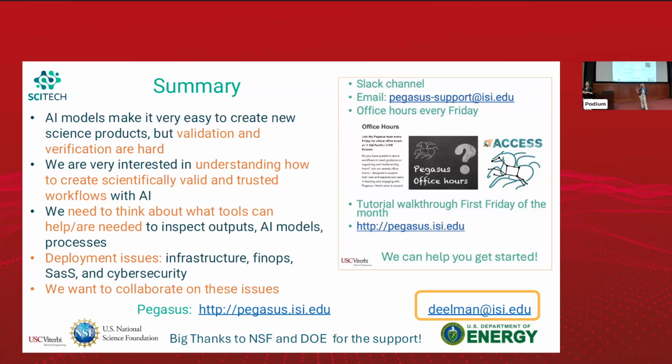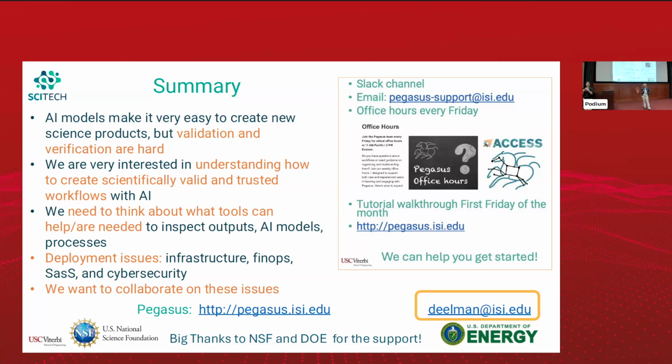But we are very interested in understanding, in general, what kind of tools scientists need to validate the outcomes, looking at the workflows themselves, but also ultimately looking at the codes. And we need to think about how they inspect the various outputs and the models that they use, because they're using many more AI models in the processes.